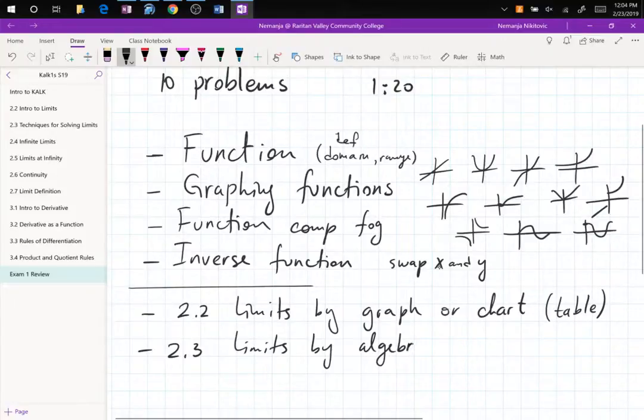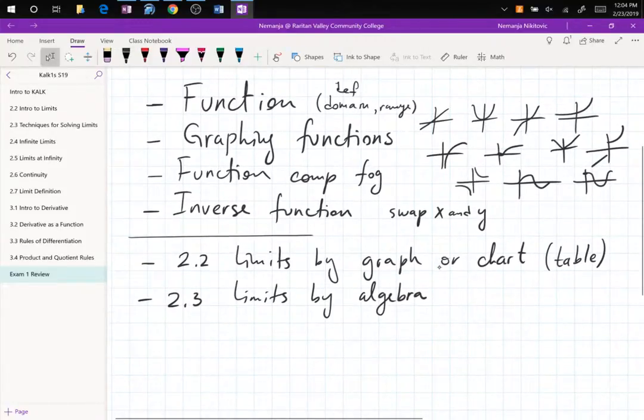This was your canceling, rationalizing. And this is where those limits, you know, going into 3.1 right here, the limit as h goes to 0 of f of x plus h minus f of x over h, right?